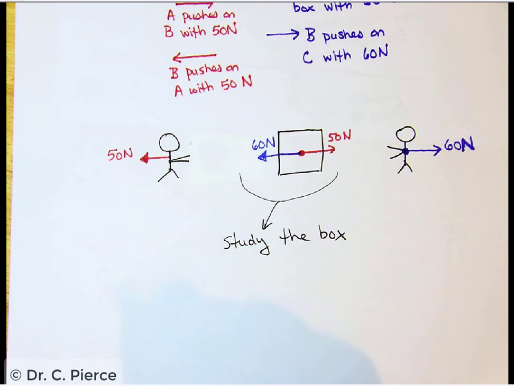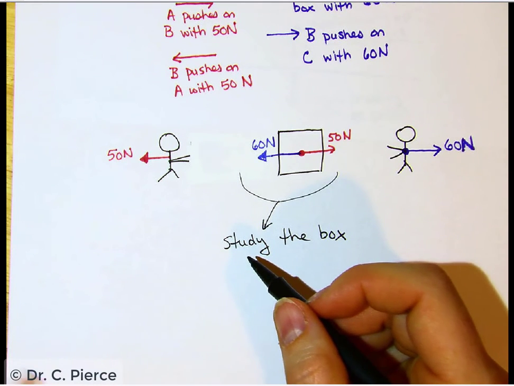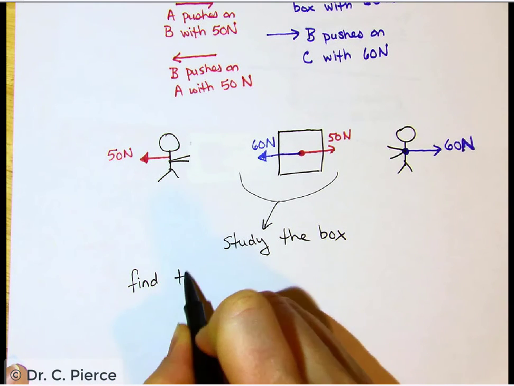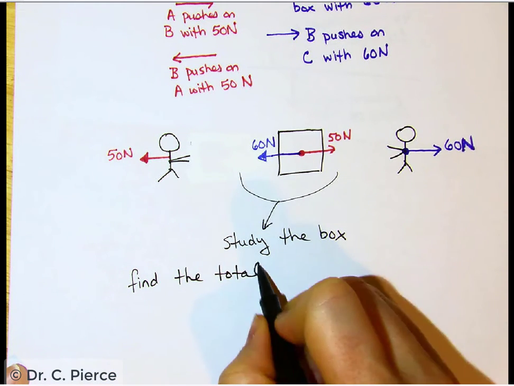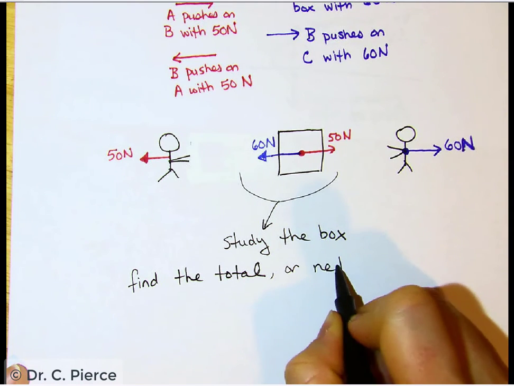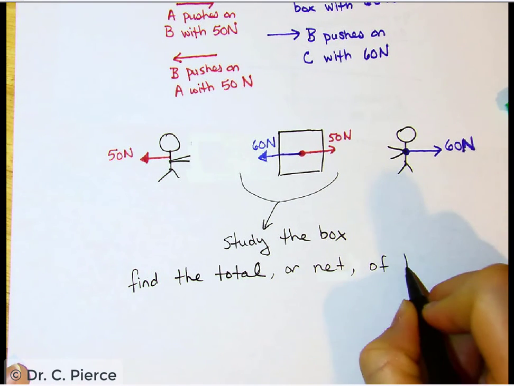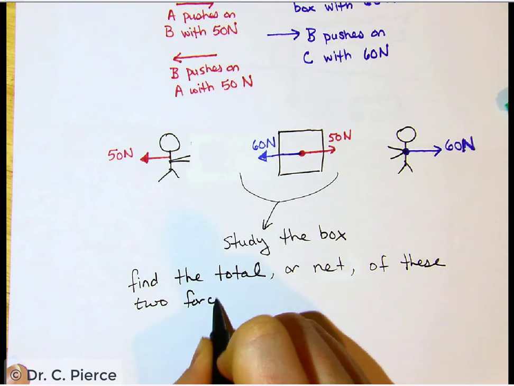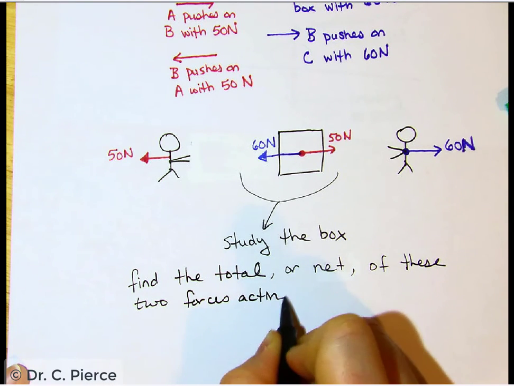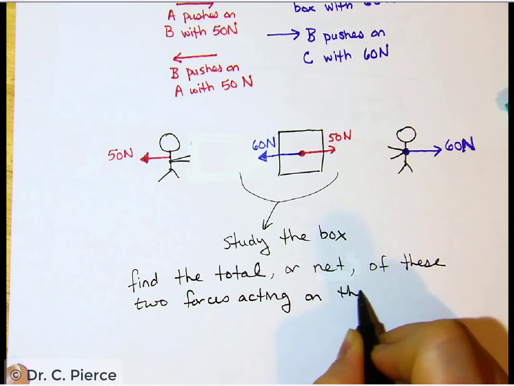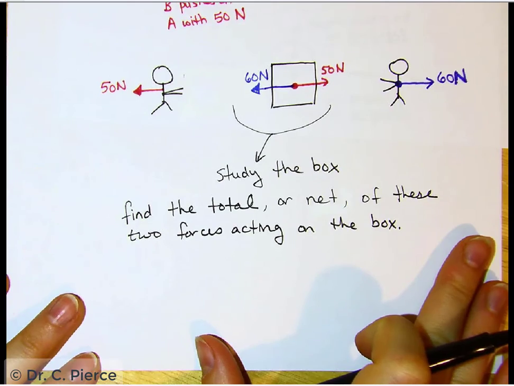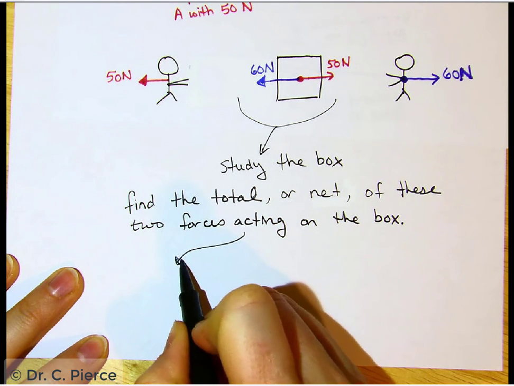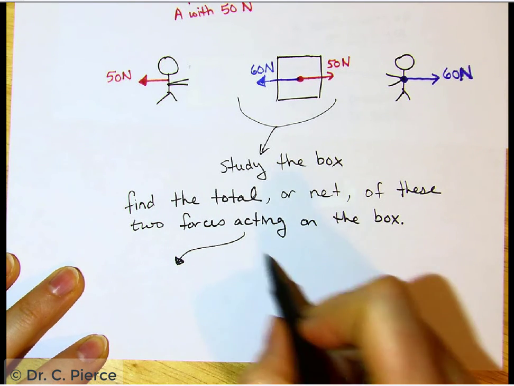Let's find the total, or the net, of these two forces acting on the box. So there's two ways you can do that. You can do it by drawing the arrows tip to tail, or you can do it by adding components.